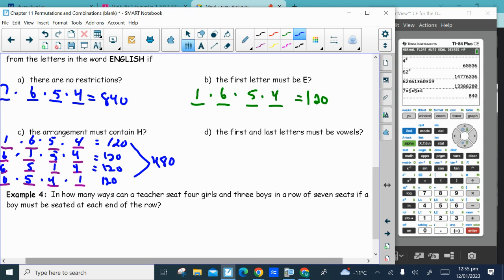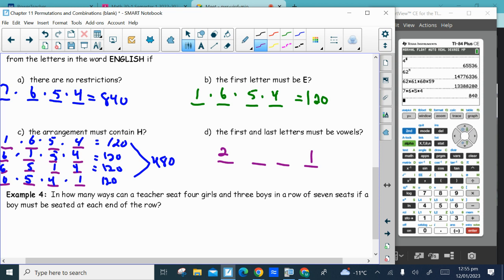Part D says the first and the last letters must be vowels. So you've got 4 characters you're going to choose. If we look at the letters of the word English, there's actually only 2 vowels there, the E and the I, which means you'd have 2 choices for the first letter, 1 choice for the last letter. It must begin and end with a vowel.